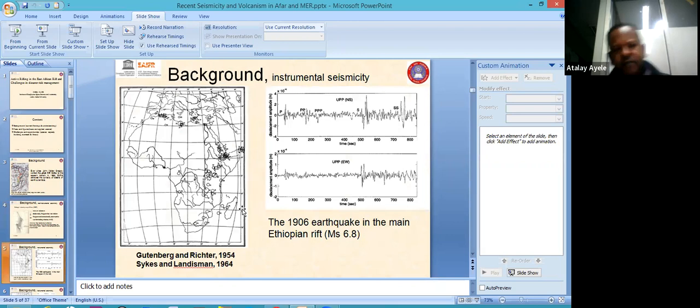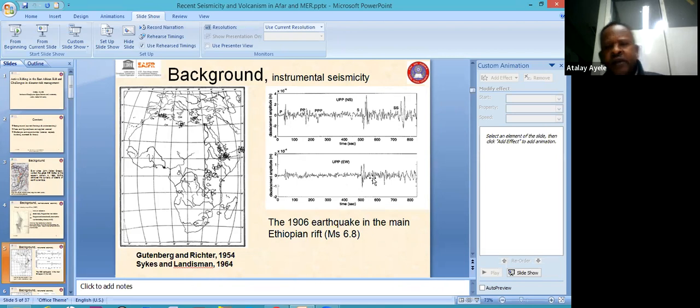So in those days, there were almost no seismic stations in Africa, maybe Helwan in the north and the Cape of Good Hope in South Africa and some others. But instrumentation was not really that great. So those large magnitude earthquakes were mostly observed from other stations elsewhere, mostly in Europe. So this seismicity on the left panel, for instance, is mostly reported from Gutenberg and Richter 1954, and Sykes and Landisman.